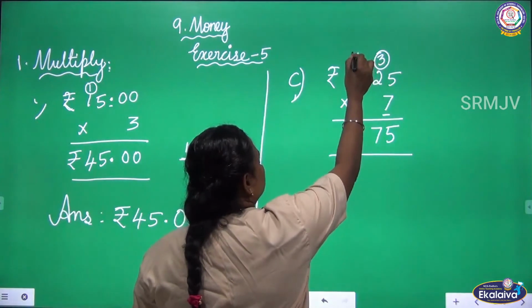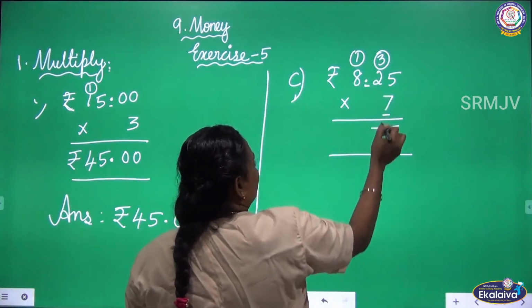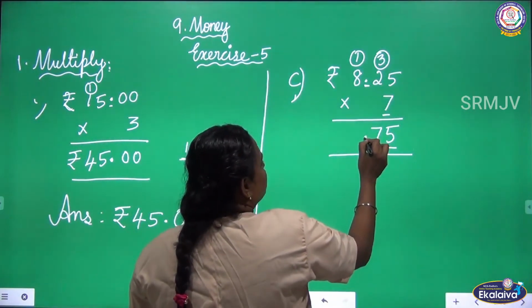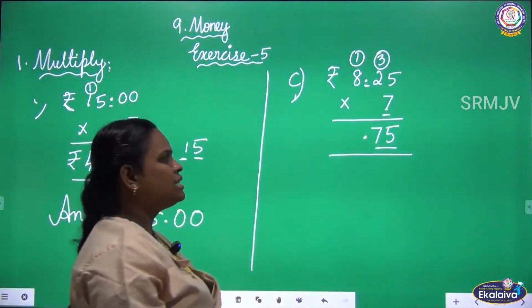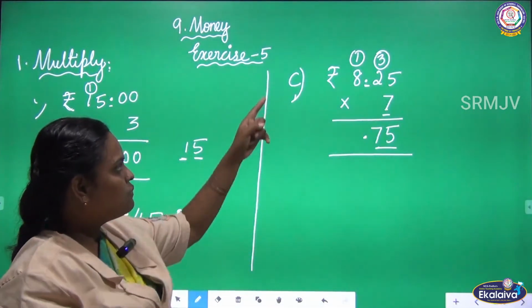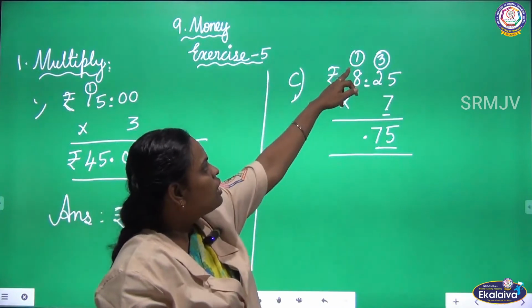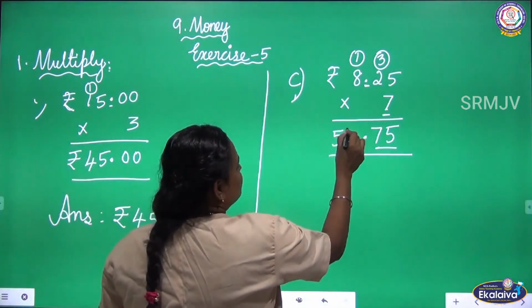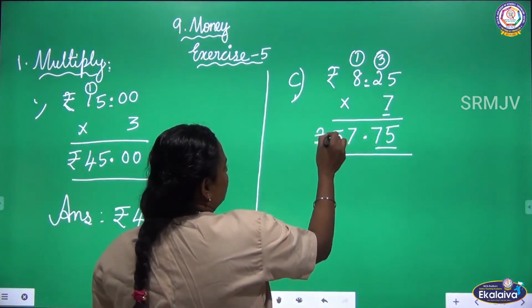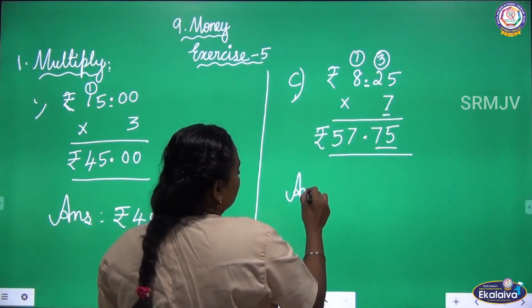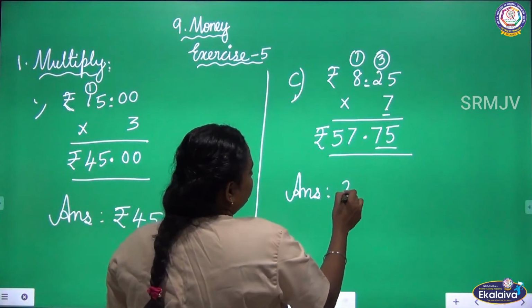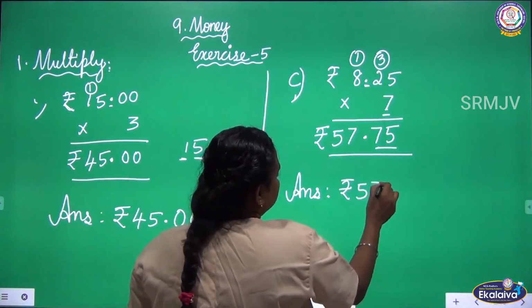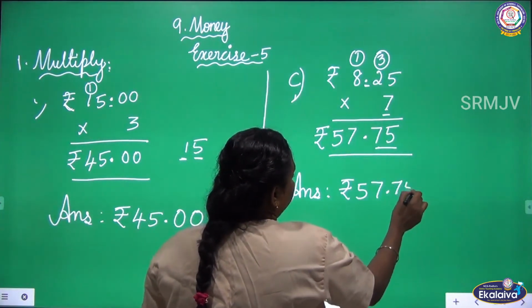Next 1 carry over in the next place, then put the dot, after 2 digits. Next 7 8s are 56, 56 plus 1 is 57, write the rupees symbol. So tell me the answer now. 57 rupees 75 paise.